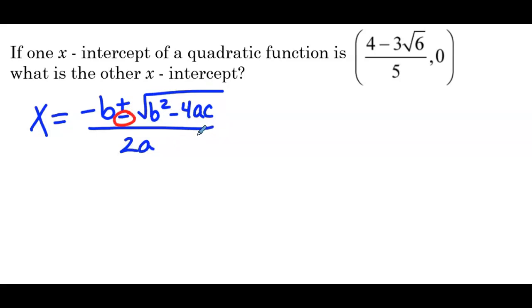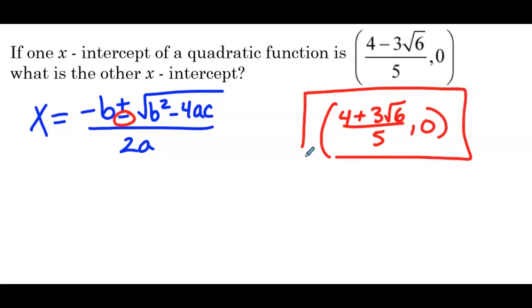So the other x-intercept would be found by negative b plus the square root of the discriminant over 2a. So we can take the solution they found and change the negative to a positive, so 4 plus 3 rad 6 over 5, 0, and that would be the other x-intercept, the conjugate of the x-intercept that they found.